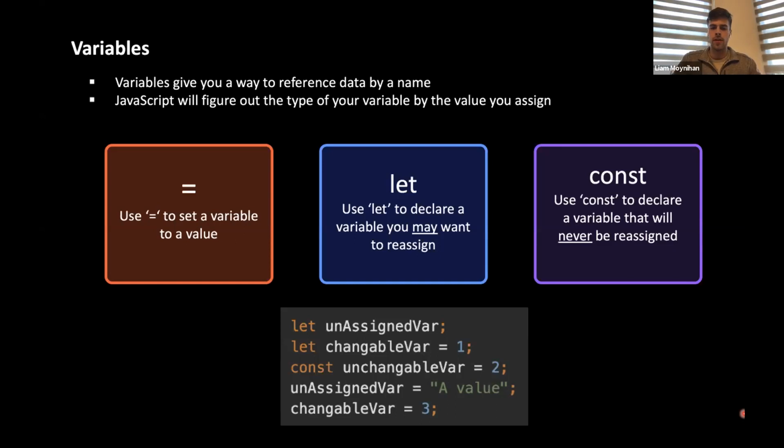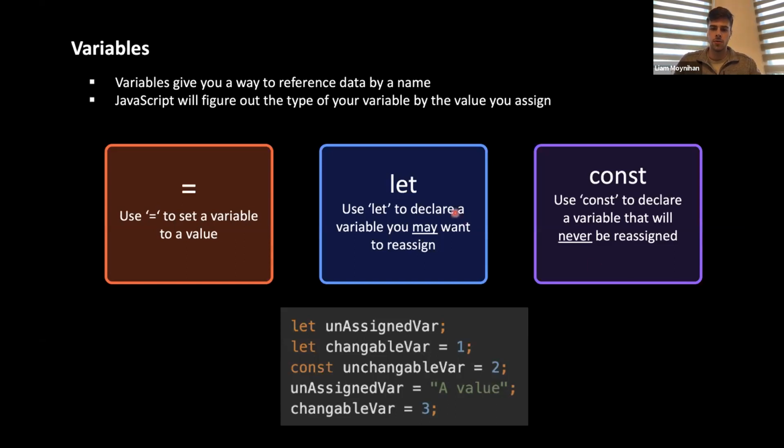JavaScript is just going to try and figure that out based on the actual value. So that's kind of nice. It saves us some time. It's very flexible. It will cause some issues in certain cases, and we'll look at that later on.